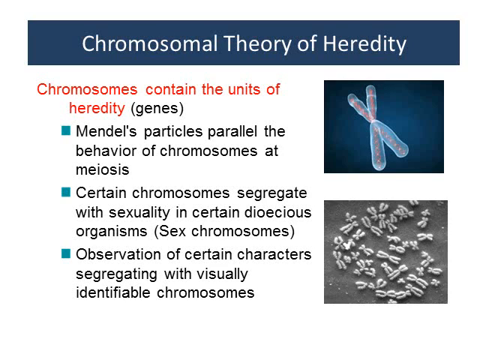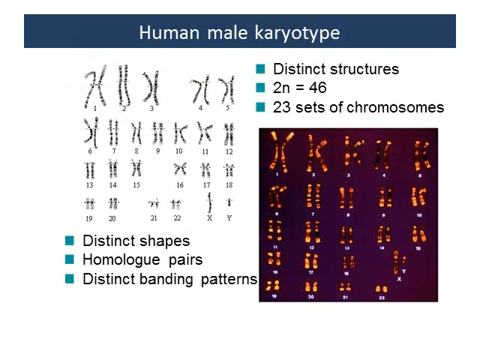Certain chromosomes will segregate with sexuality in certain organisms. These are called sex chromosomes. And the observation of certain characters will segregate with visually identifiable chromosomes. So here's what the human male karyotype, which just means the human male set of chromosomes, looks like.